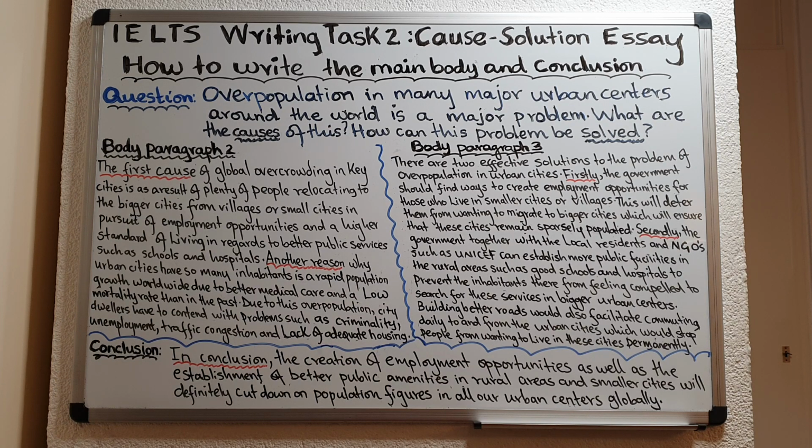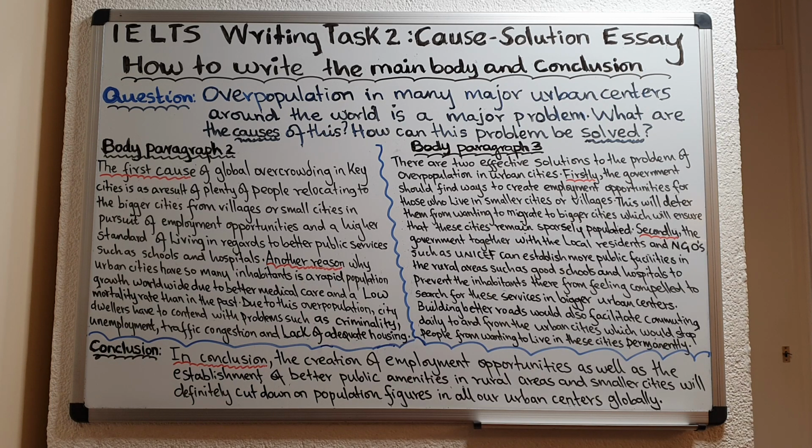Now, once you have written your introduction, the next thing that you have to do is remember that your writing task 2 essay should only have 4 paragraphs. The first paragraph should be the introduction. After that, you should write body paragraph 2. And then you write body paragraph 3. And then you write the conclusion. You should only write 4 paragraphs.